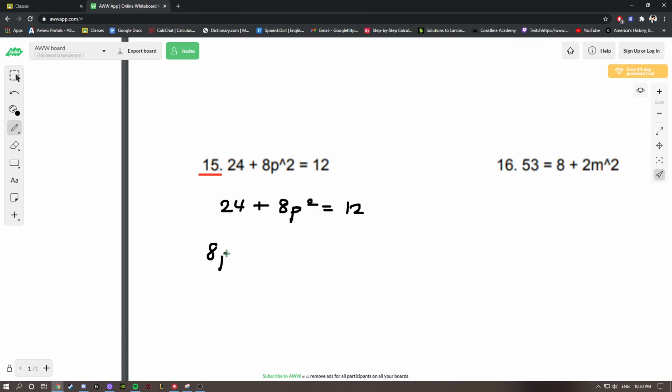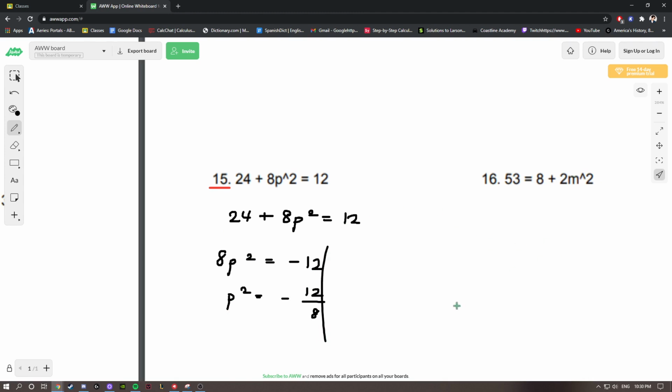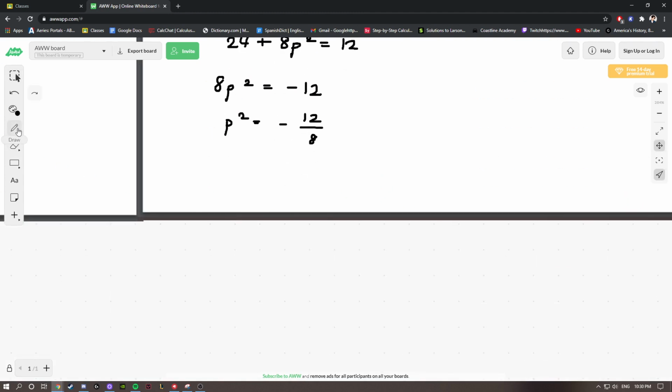We're left with 8p squared is equal to negative 12. Divide by 8 on both sides. P squared is equal to negative 12 over 8, and simplifying our fraction, this is negative 3 over 2.